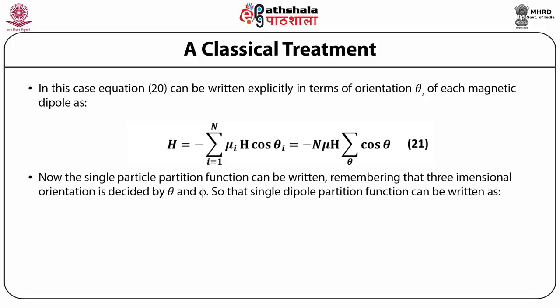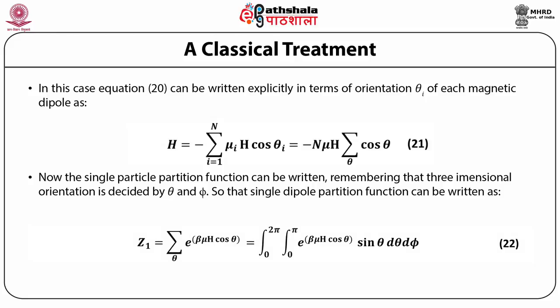Now the single particle partition function can be written, remembering that three-dimensional orientation is decided by theta and phi, so that the single dipole partition function can be written as Z₁ = Σ e^(βμH cos θ) = ∫₀^2π ∫₀^π e^(βμH cos θ) sin θ dθ dφ.